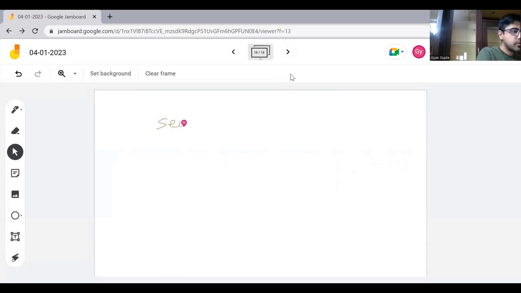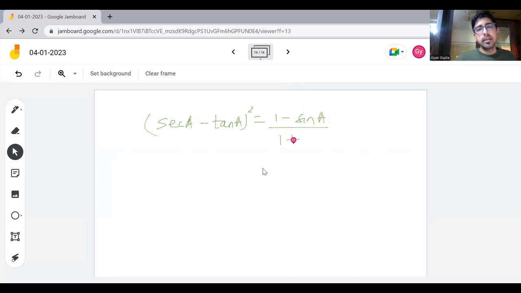(Secant A minus tan A) the whole square is (1 minus sine A) by (1 plus sine A). As I had said, if my LHS is in derived trigonometric ratios, the first step is to convert into basic trigonometric ratios. And that's what I am going to do here.